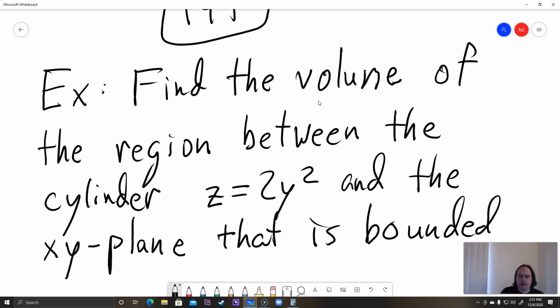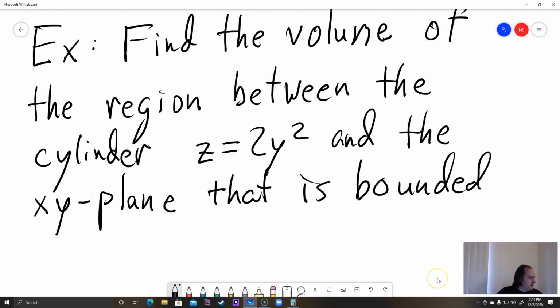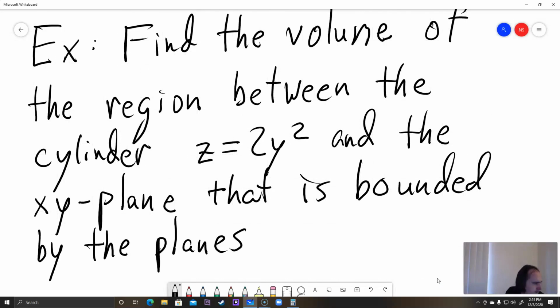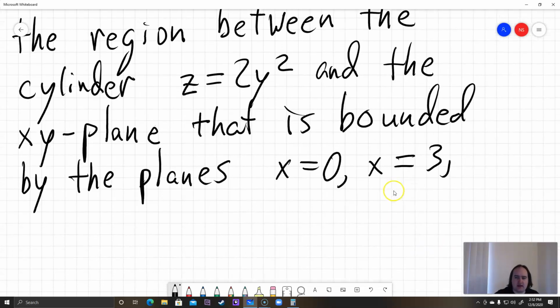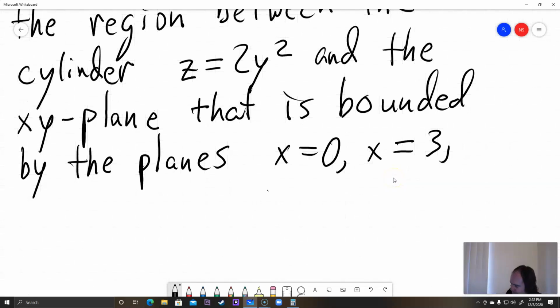Okay, so bounded means it's enclosed by. That is bounded by the planes x equals 0, x equals 3, y equals negative 3, and y equals 3.